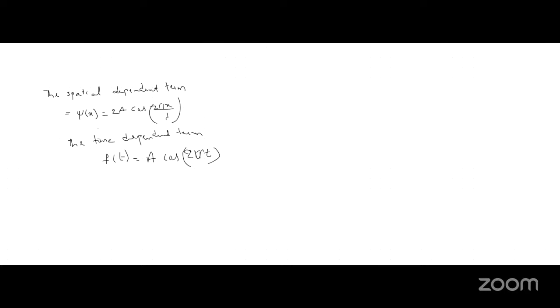So in general, psi of x comma t is written such that del square psi by del x square equals minus (2 pi by lambda) whole square times psi.